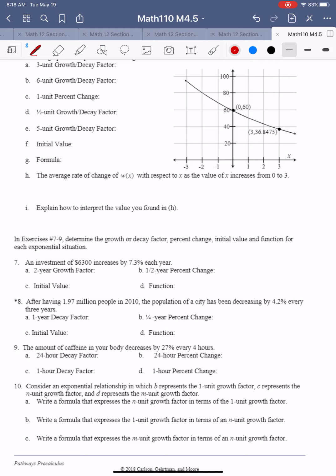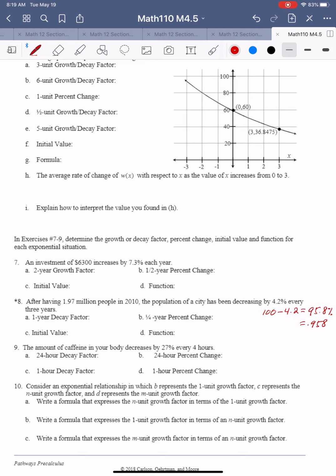So what is the 1 unit decay factor? 4.2% means from the 100% you're decreasing by 4.2, so 100 minus 4.2 is 95.8, which is 0.958, the decay factor.